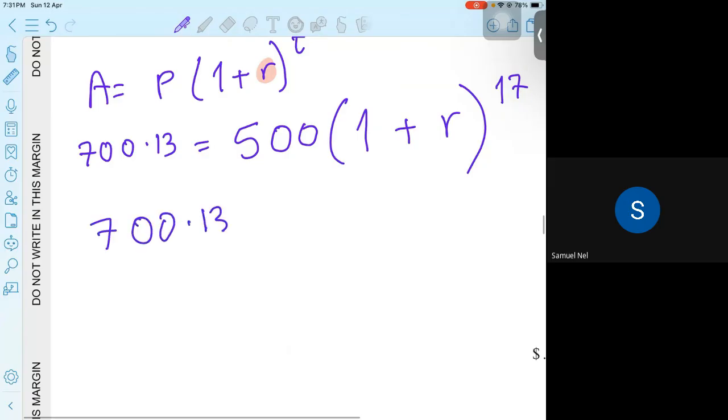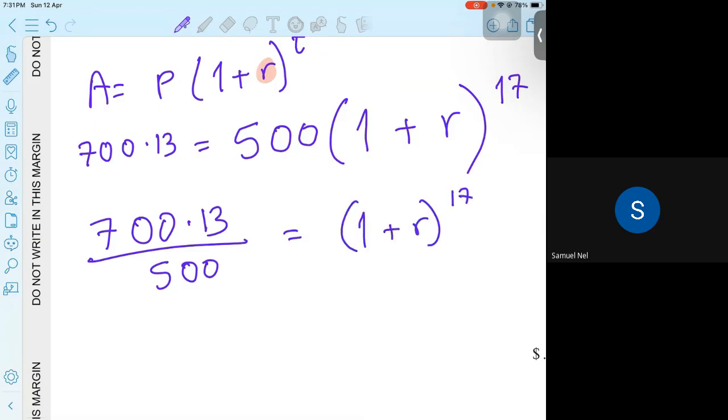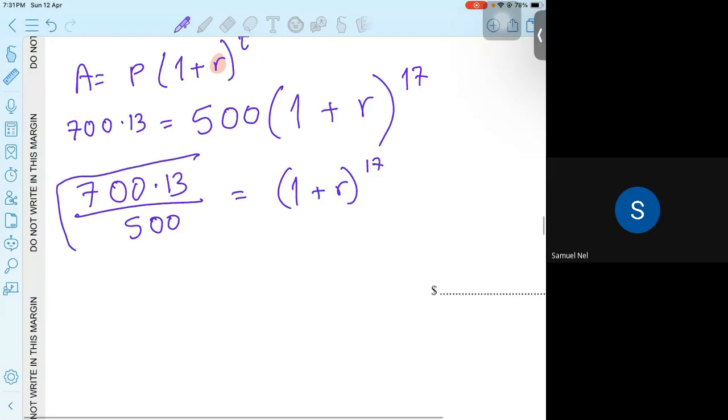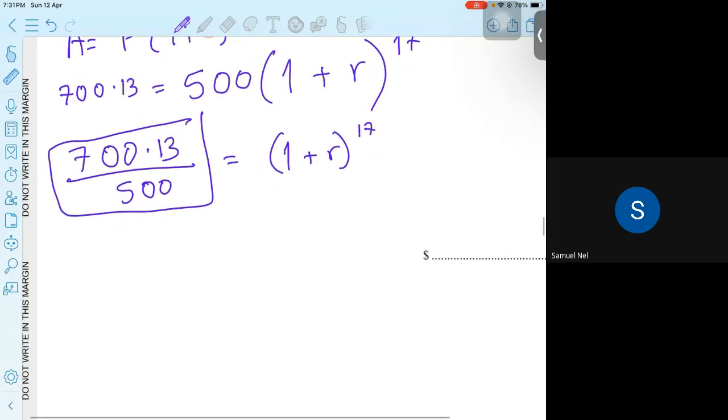This is 700.13 over 500 equals (1 + R) to the power 17. We can use a decimal for this, and if you put this into the calculator, I think you should be getting something like 1.02 equals (1 + R) to the power 17.